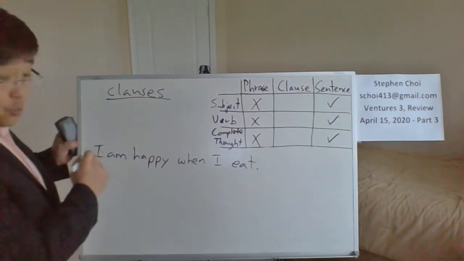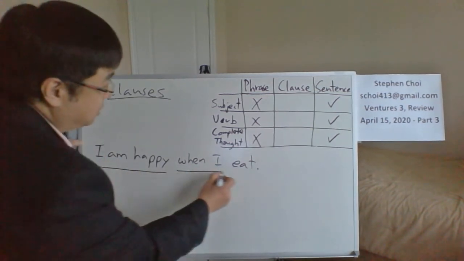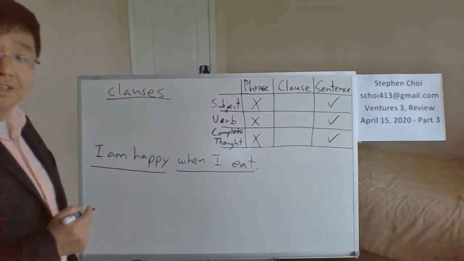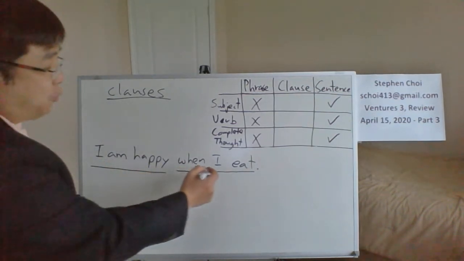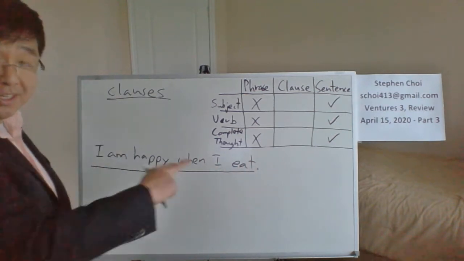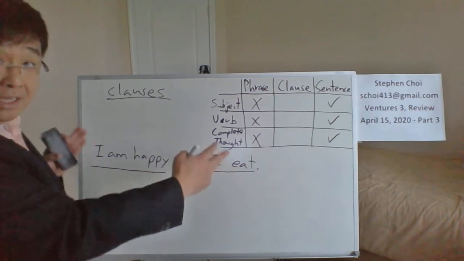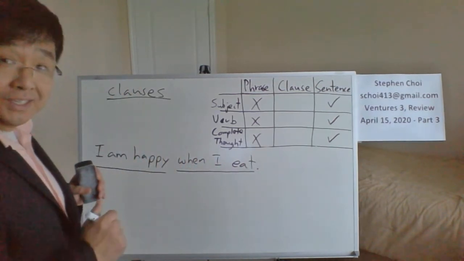This is one sentence, but within this one sentence, you have 2 clauses. I am happy is one clause, and when I eat is the other clause. This complex sentence is made up of 2 clauses.